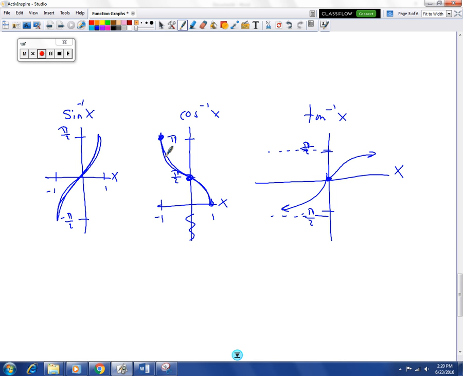So the best advice is to practice those by hand, but you do have to see good examples, of course, looking up nicely done ones on the internet, or using your graphing calculator will do great also. But that's how you do inverse trig functions.